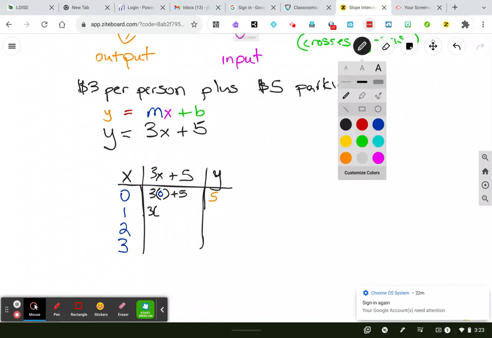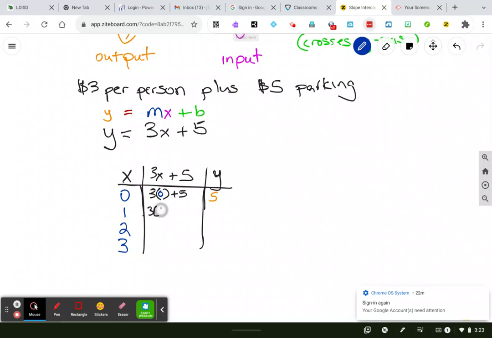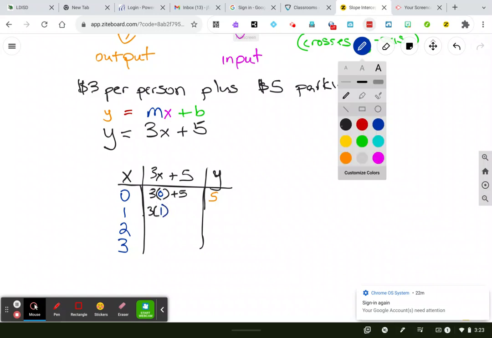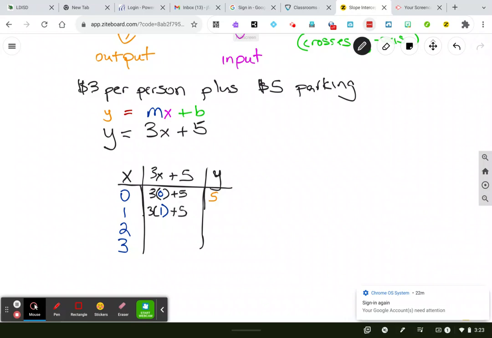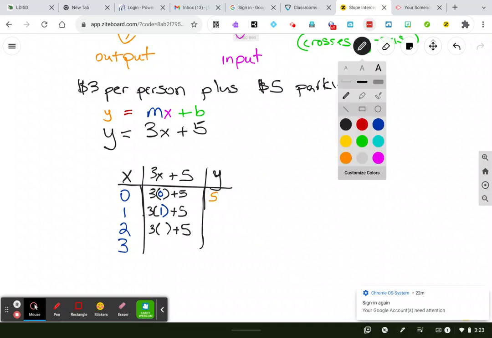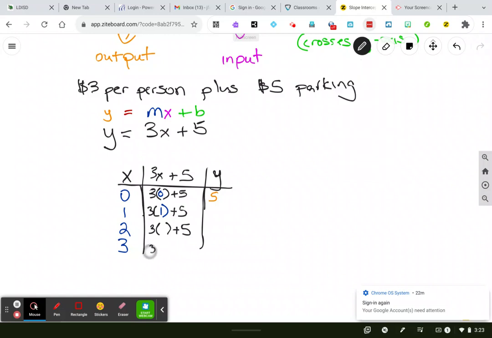3 times 1 plus 5. Write all your equations in. 3 times 2 plus 5. 3 times 3 plus 5.